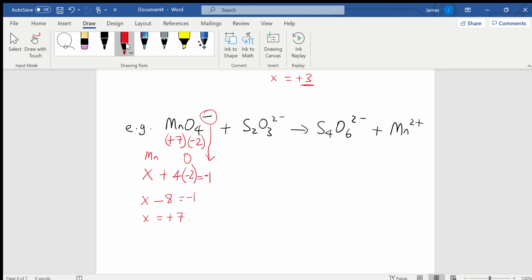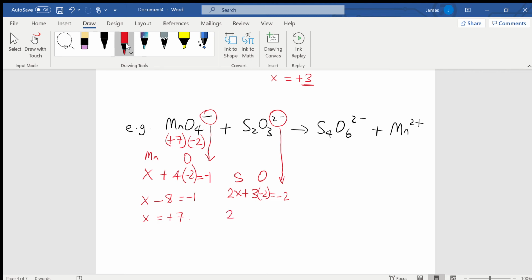Okay, this structure here, the whole thing is -2. Again, I get the -2 from this residual charge here. I've got 3 -2 oxygens, and I've got whatever sulfur is on this occasion, which I'll call X, and I just have to solve for what sulfur is.